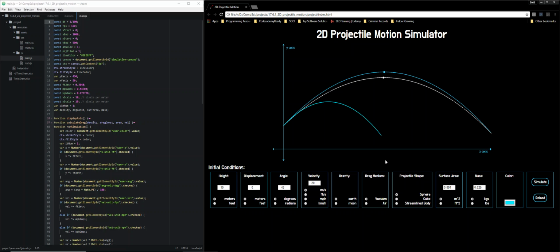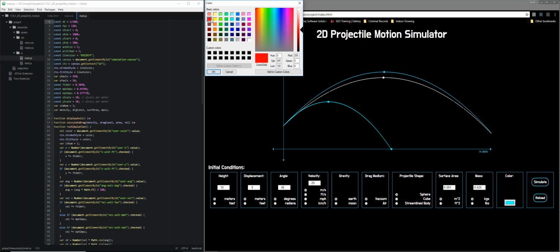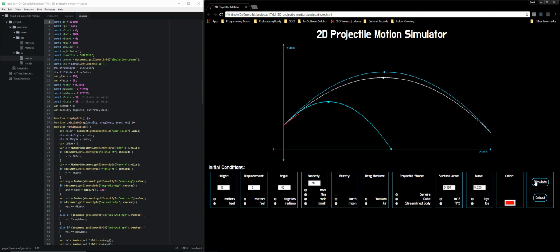So here's our 45-degree angle example, and then we will do a 40-degree angle example. And as we can see, the 40-degree angle actually goes a little bit further than the 45-degree angle. So it'd be cool to just have something that goes through and loops from 0 to 90 and picks out which angle actually gives us the greatest displacement.